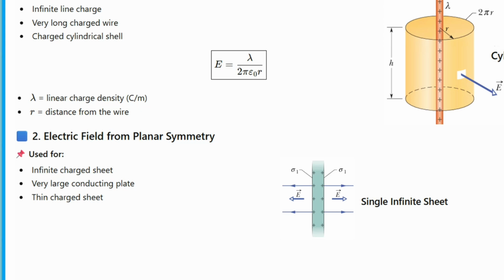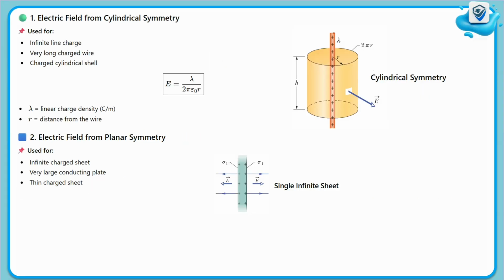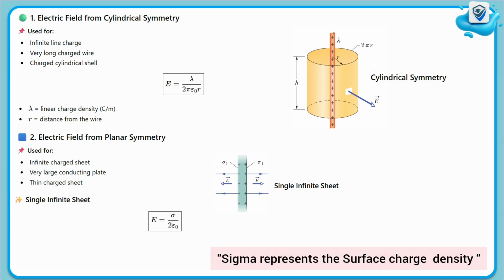One very important point is that the electric field is uniform, which means it does not change with distance from the sheet. Using Gauss's law, we obtain the electric field of a single infinite sheet. It is equal to sigma divided by 2 epsilon 0.